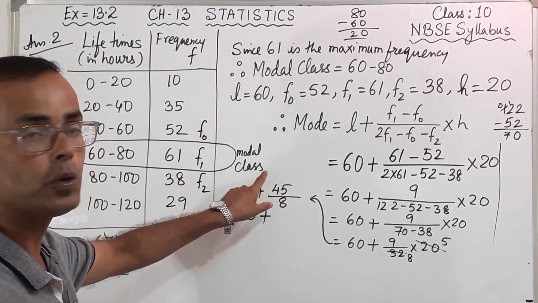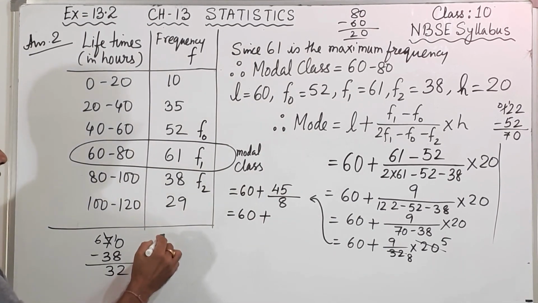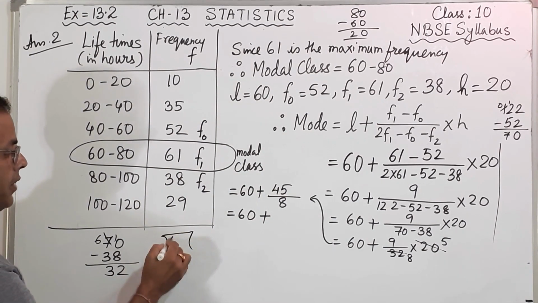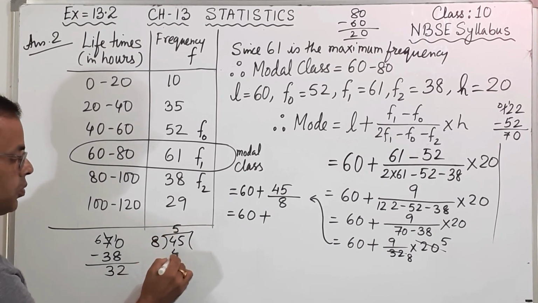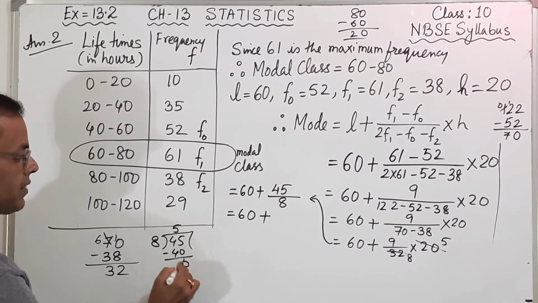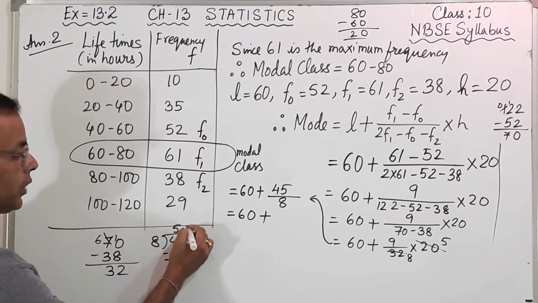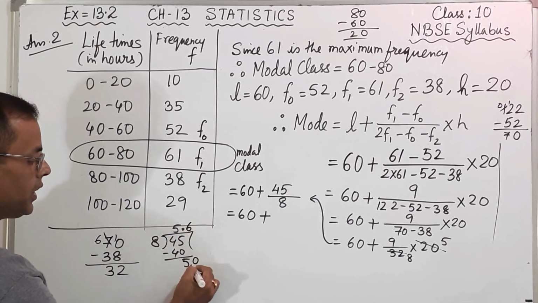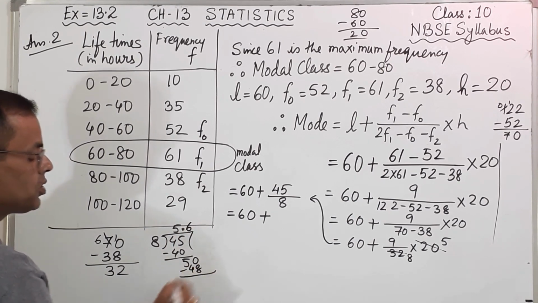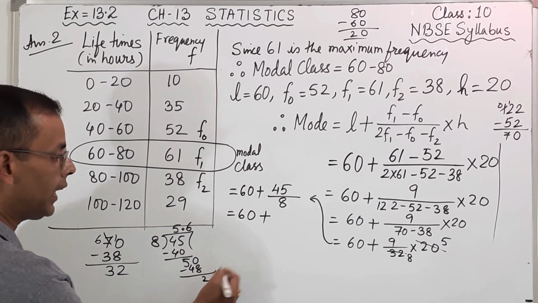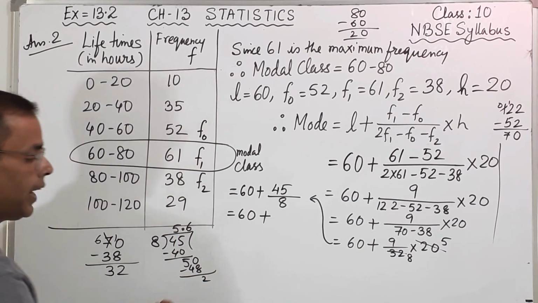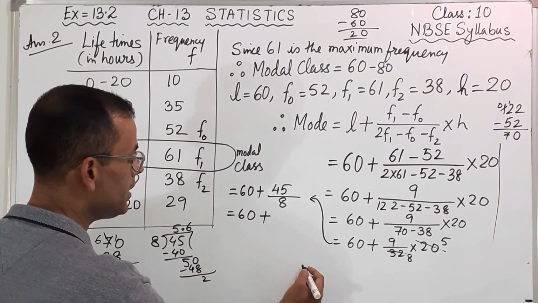Now this one I have to divide, so let me divide it here. So 45 with 8. 8 5s are 40. So what is left? 5. Now I will put decimal point, 10 will come. 8 6s are 48. So what is left? 2 is left.